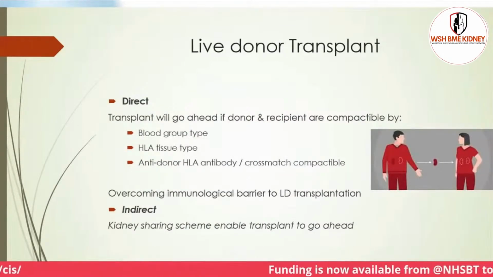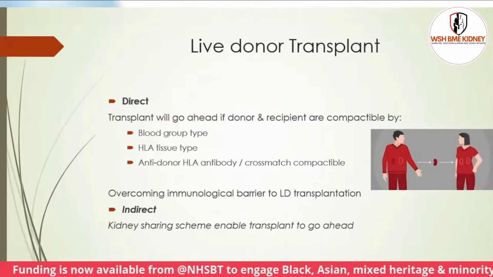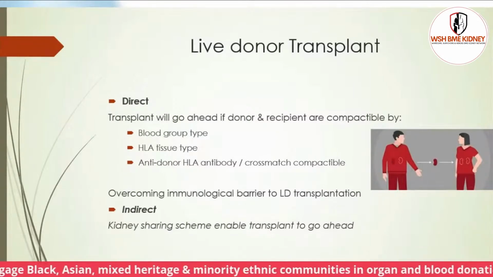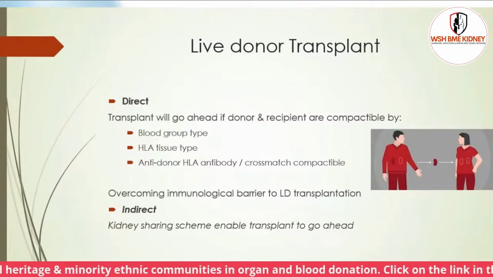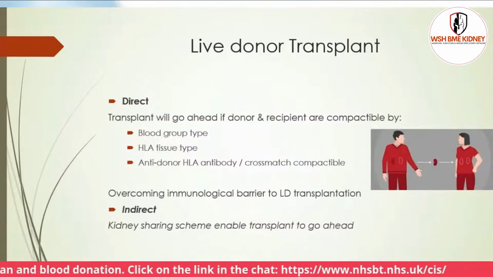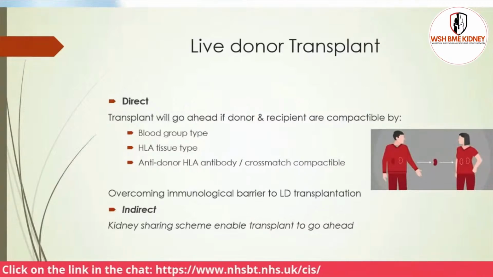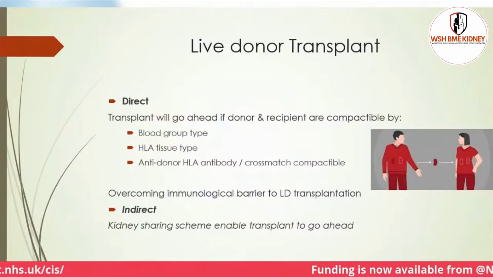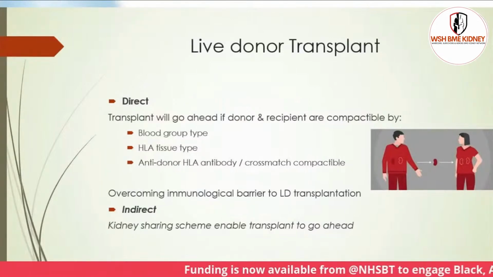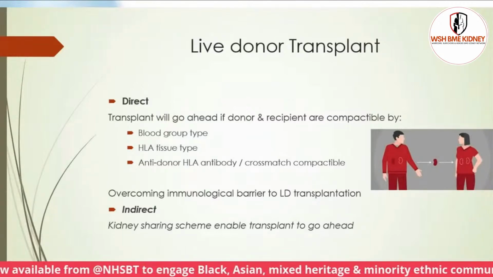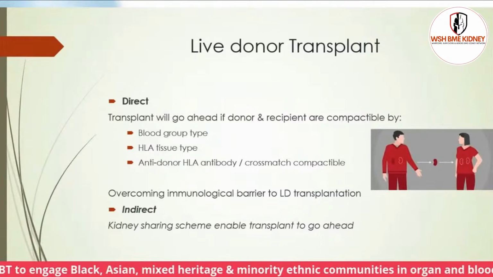Now, when we talk about direct donation, we go ahead with transplant if the donor and recipient are compatible: blood group compatible, HLA tissue type compatible, and cross-match compatible. That is the only time. In fact, many years ago, before 2004, only this type of transplant was allowed in the UK, but not anymore. Now, in order to overcome the immunological barrier to live donor transplant, it is possible to have indirect donation.